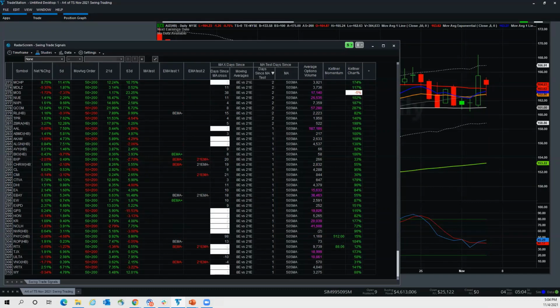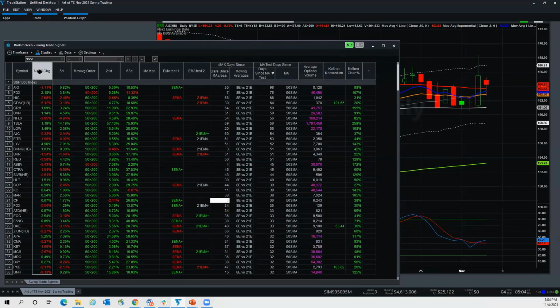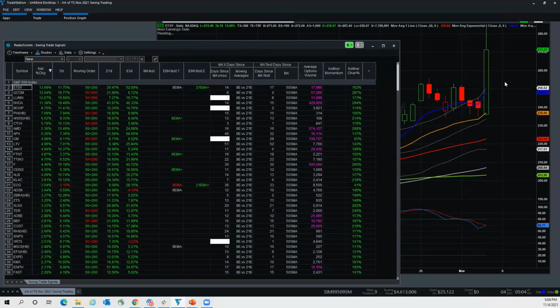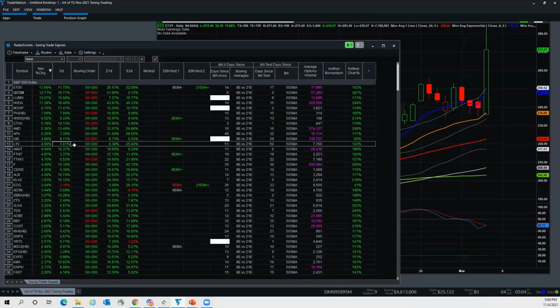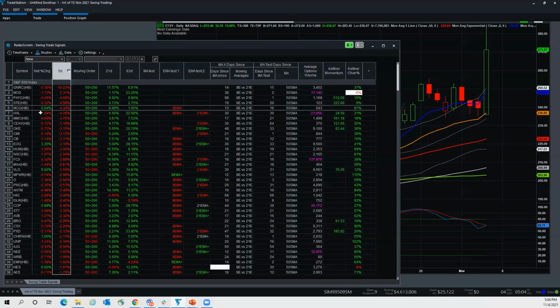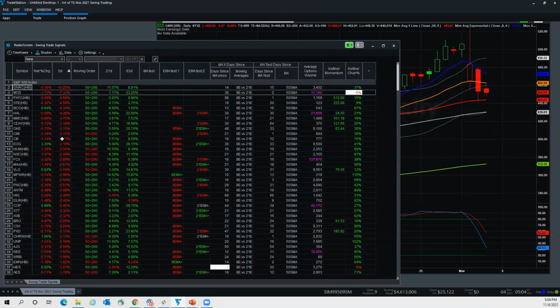Now we're going to look for things that have not rallied a lot. You're going to find stocks here that have huge values. Probably they jumped a bunch, like Etsy, which touched the 50-day moving average 17 days ago right here, and it's been cranking since. Now we don't want that, Qualcomm, things like that. So you might look for things that have not been up so much in the last 5 days.